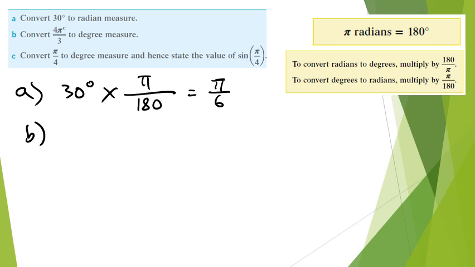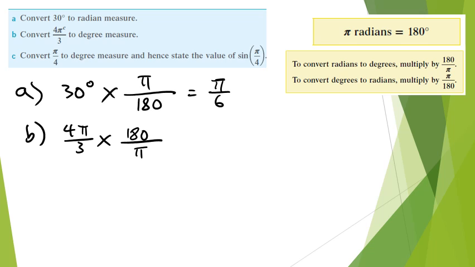B, convert 4 pi over 3 to degrees. What do I put on the bottom of this fraction? What are we getting rid of, pi or 180? Pi. If you don't like the way I've explained it in terms of which one you're getting rid of, maybe think of it in a positive sense.